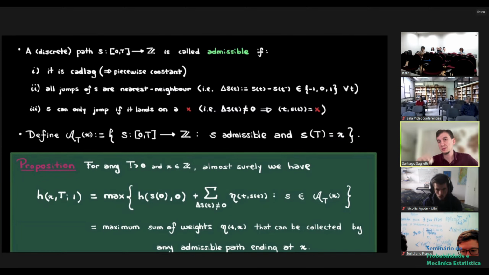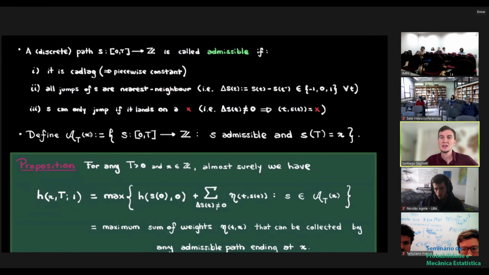So the maximum sum of the marks that you can collect by any one of these paths on this net of paths. So you just compute what this net of paths is, and then you look at whichever one collected the most, the maximum sum of weights, and that is exactly our h.